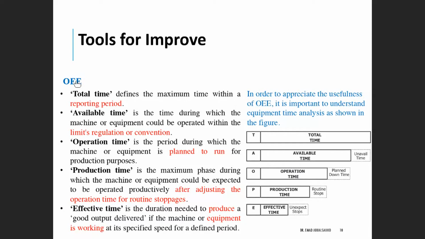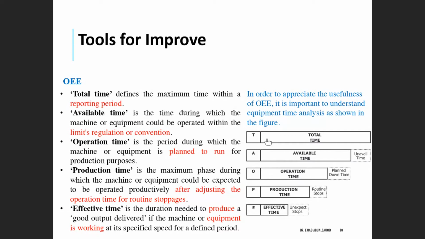In order to appreciate the usefulness of this tool, we have to understand the equipment time in general and analyze it as shown here in this picture. Then we move on to the mathematical formulation, which will give us how we calculate the index that will make the interpretation for the process and how good the process is running.